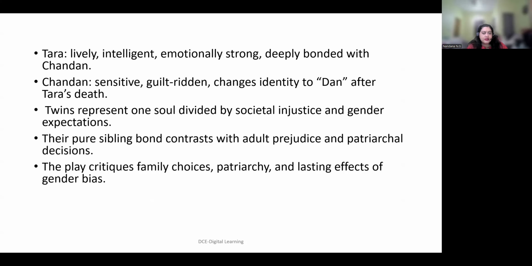The twins represent one soul divided by societal injustice and gender expectations. Their pure sibling bond contrasts with adult prejudice and patriarchal decisions. And in the end, you can write the conclusion that the play critiques family choices, patriarchy, and lasting effects of gender bias.